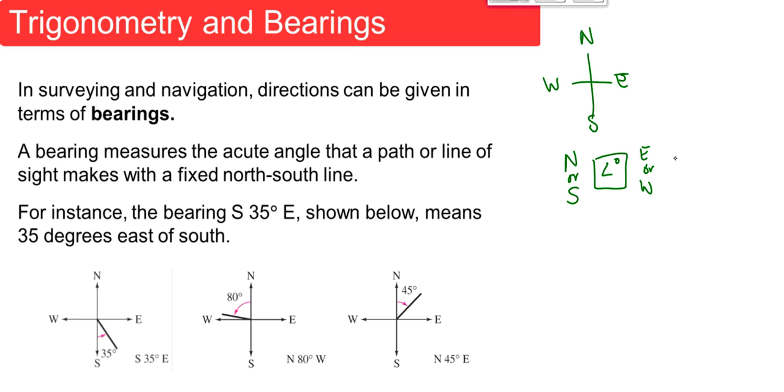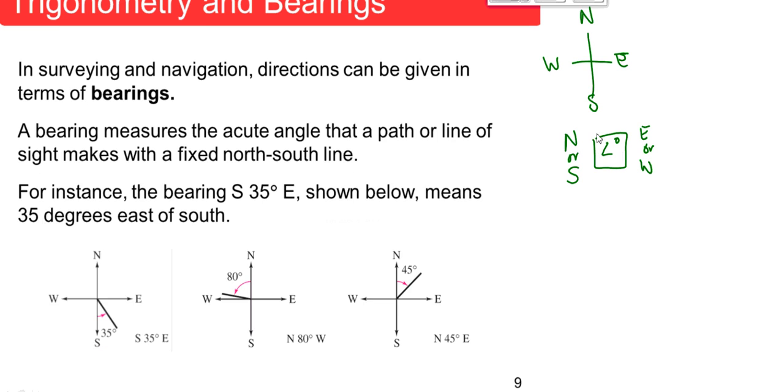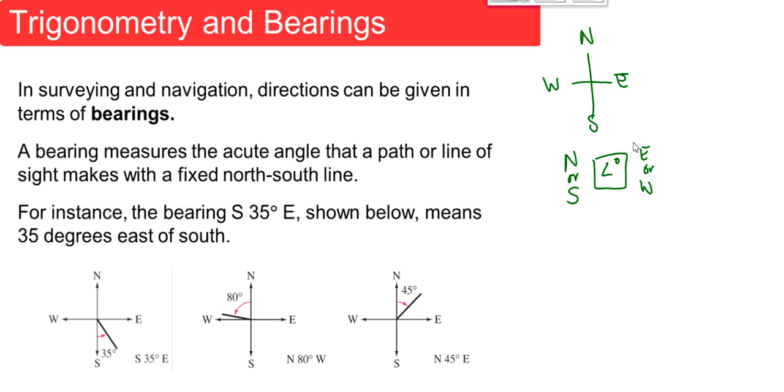Bearing has a fixed north-south line, so that's where we're always going from to begin with. So this one, south 35 degrees east, means that it's 35 degrees east of south.